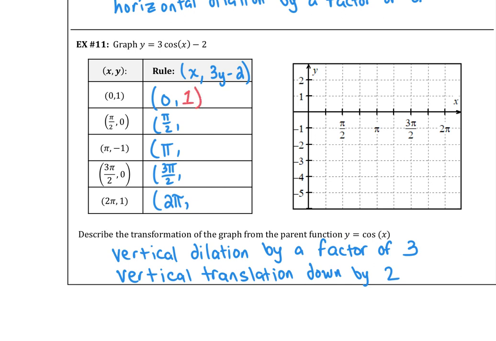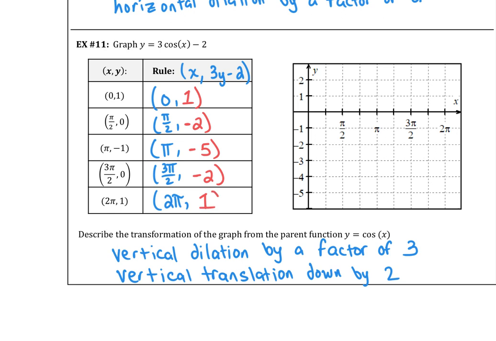So that doesn't change at all. But then 0 times 3 is 0, minus 2 is negative 2. Negative 1 times 3 is negative 3, minus 2 is negative 5. 0 times 3 is 0, minus 2 is negative 2. And then 1 times 3 is 3, minus 2 is still 1.